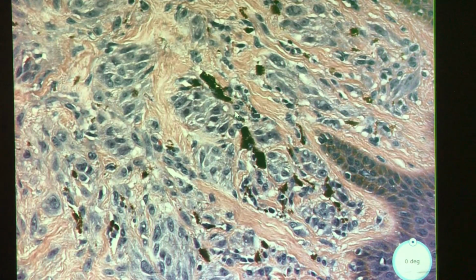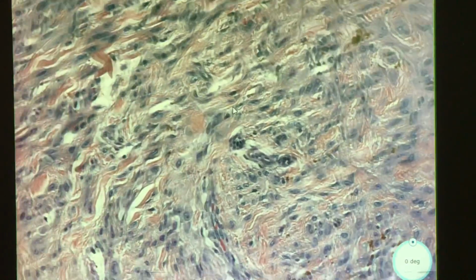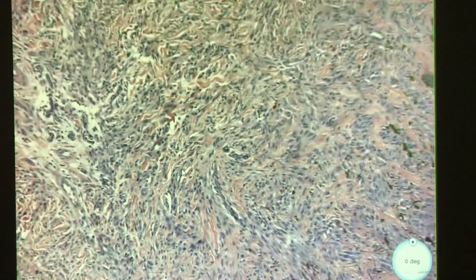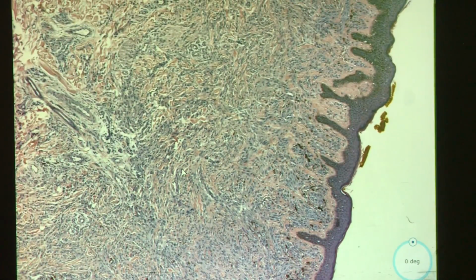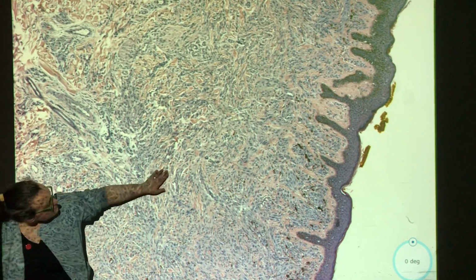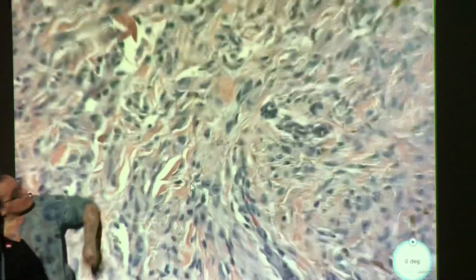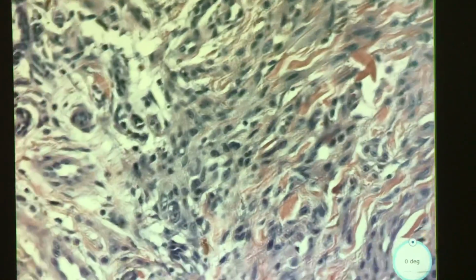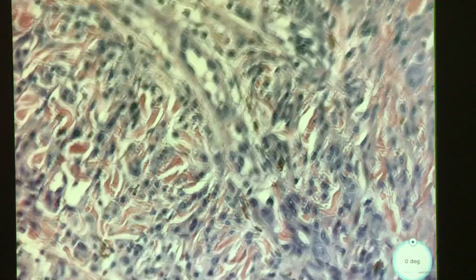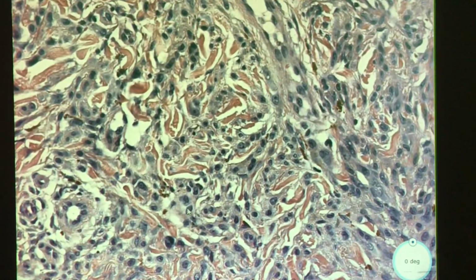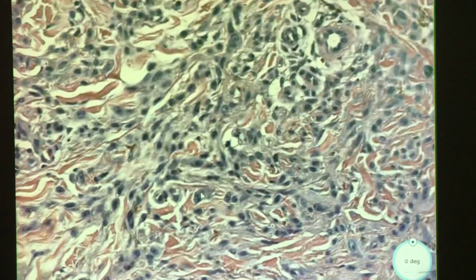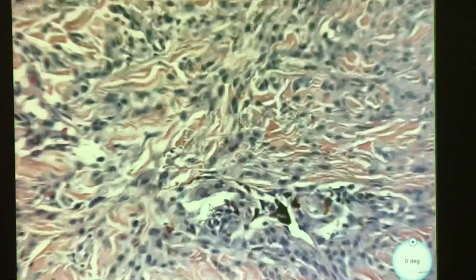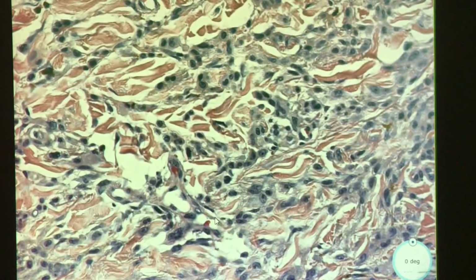What else is there? Well, you can see a little bit of it. So there are all these spaces that are occurring that are not vessels, right? Nope. Just some sort of artifact. Some sort of artifact, yes. Ooh, no, that's just blood.